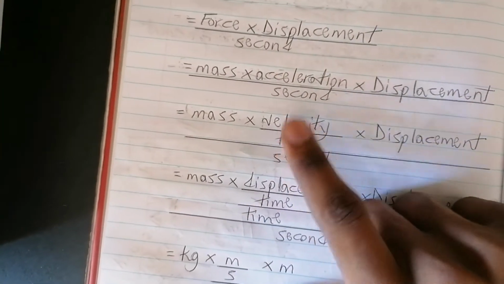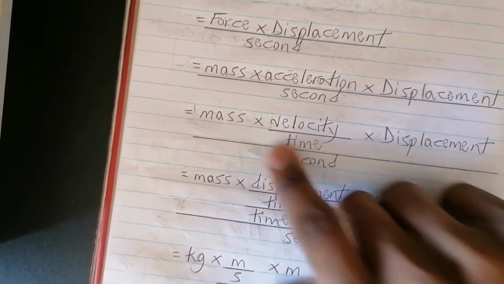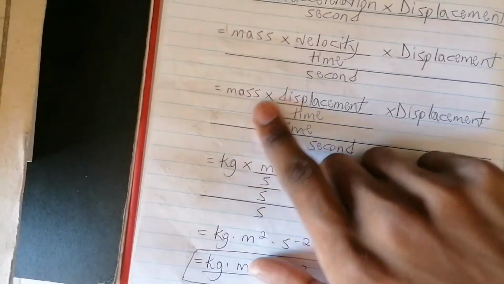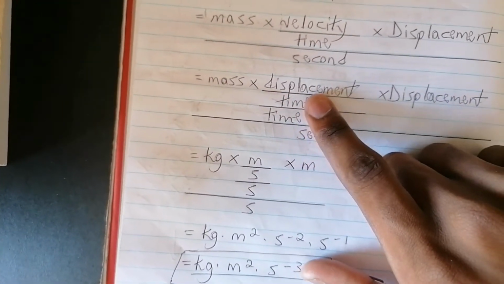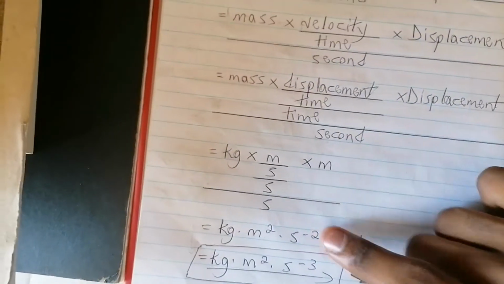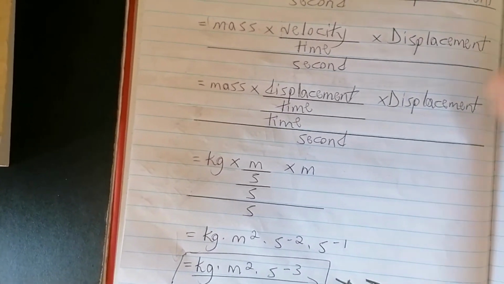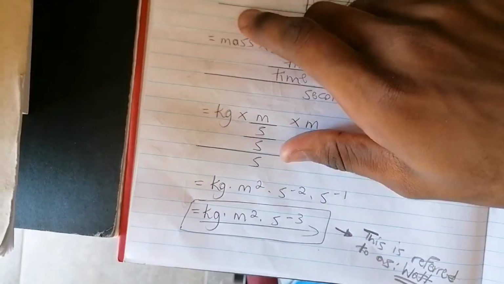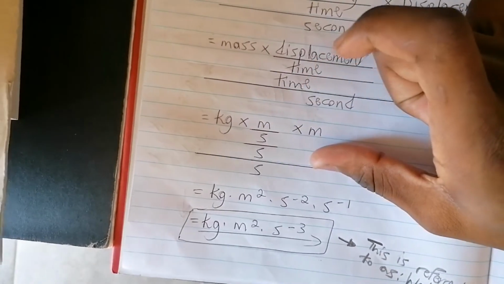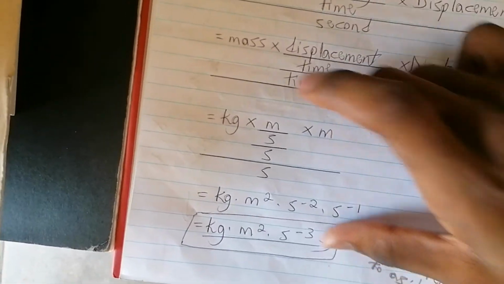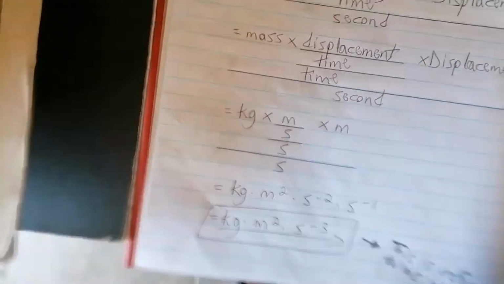We break acceleration apart into velocity all over time, and all this divided by second, and then we break velocity apart into displacement all over time. Still the same process. After breaking it apart, we represent using SI units: mass, kilograms, displacement, meter, time, second, multiplied by displacement, meter, all over second.